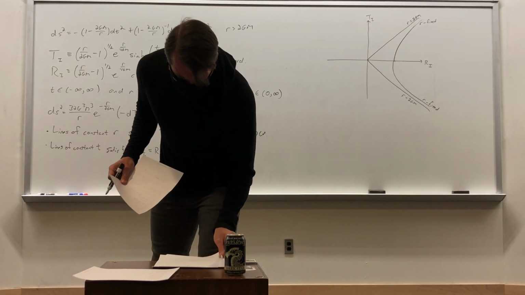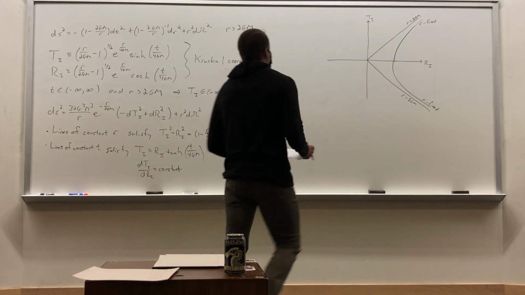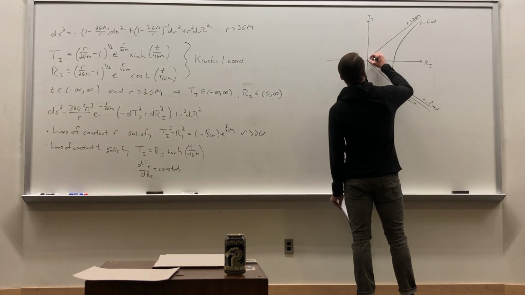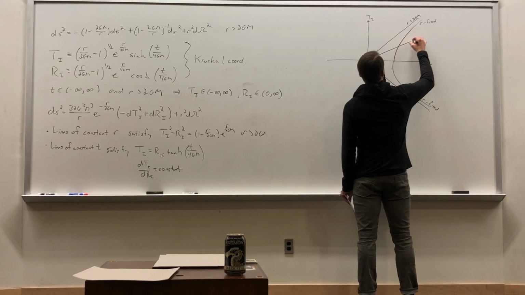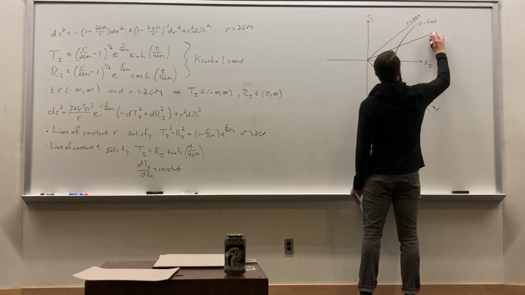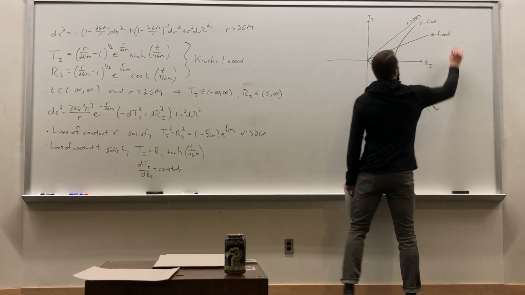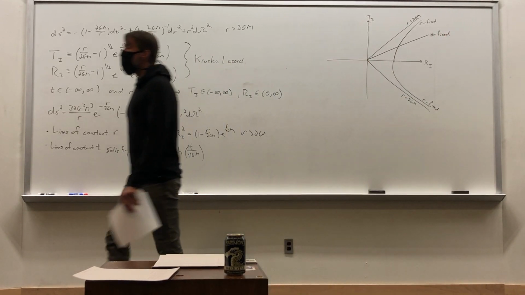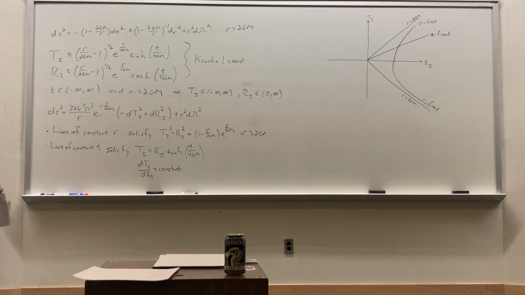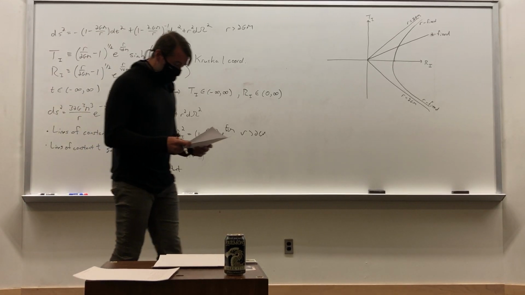So this, of course, means that a line of fixed time is just a straight line, where the slope is determined by the hyperbolic tangent of the value of t that we've selected over 4GM.